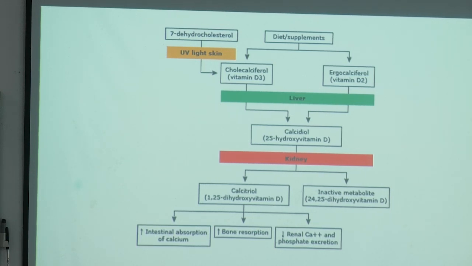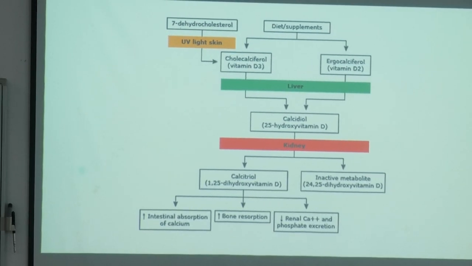cholecalciferol or vitamin D3. This sunlight is usually between 11 a.m. and 3 p.m., and the ray is known as ultraviolet B radiation, 260 to 310 nanometers. If you give exposure before 10 or 11 a.m., that is not helpful.